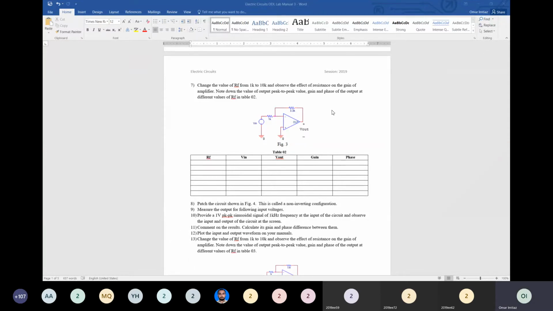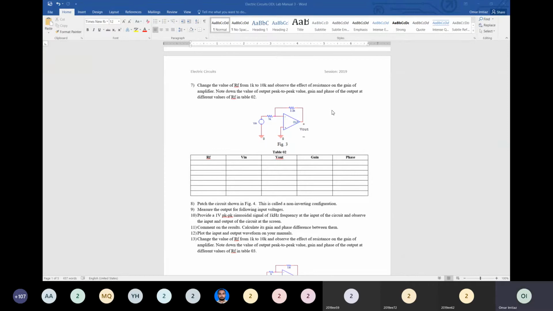Whenever you want to find the gain of a passive device, you find the ratio between the output voltage and the input voltage. The right side of the equation will give you the gain. In this case, the right side is going to have R2 over R1 plus R2.